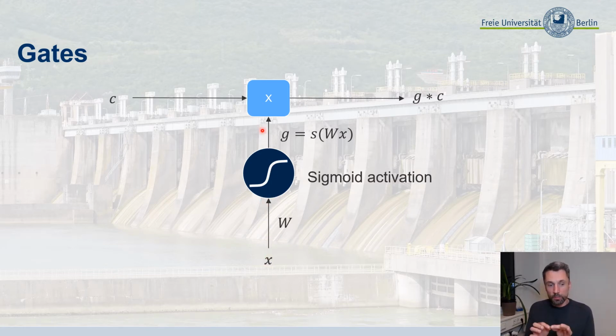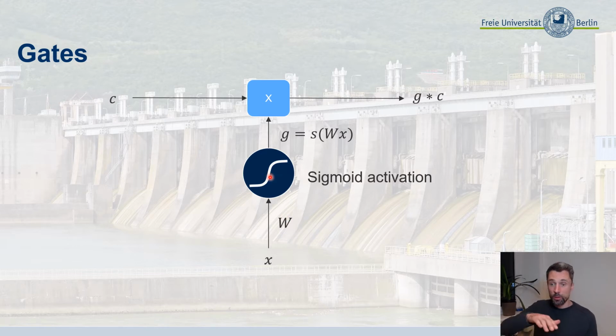that will define a scaling for each element within a given input vector. Let's say we have C coming in here and our usual input X coming in here. Now we will multiply X with this weight matrix W and push this through a sigmoid activation.